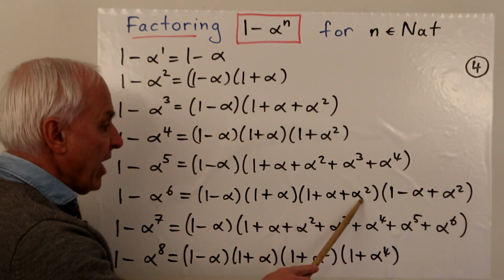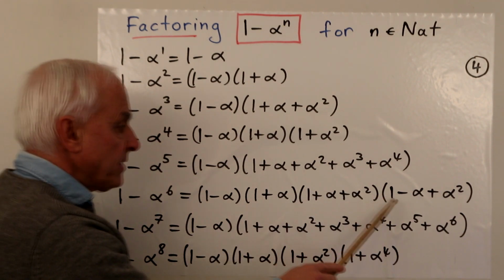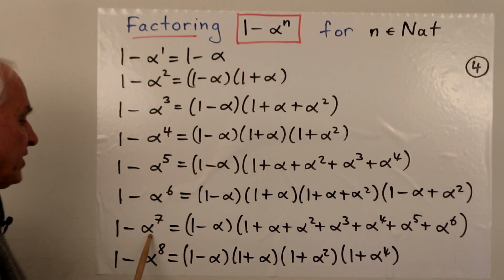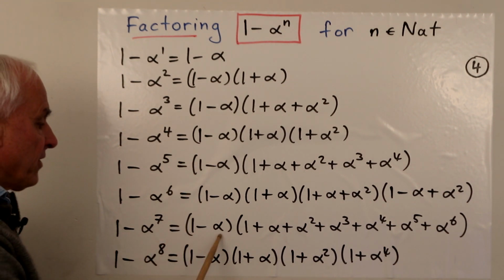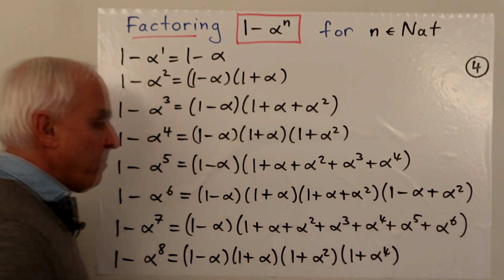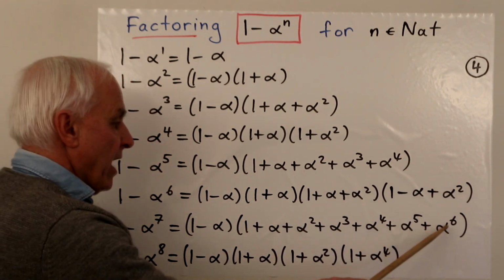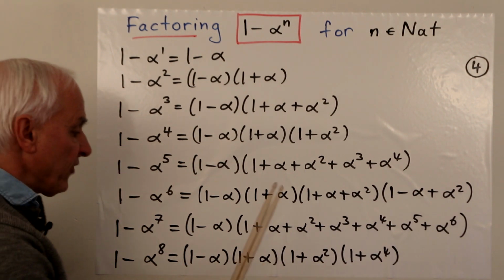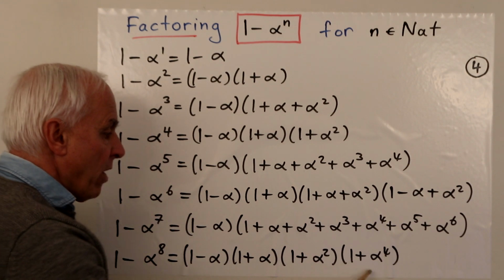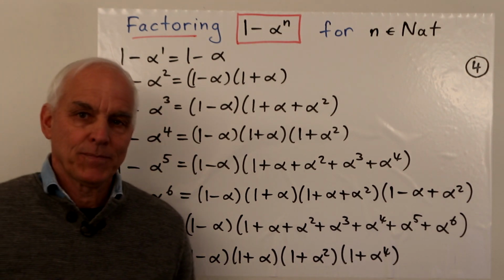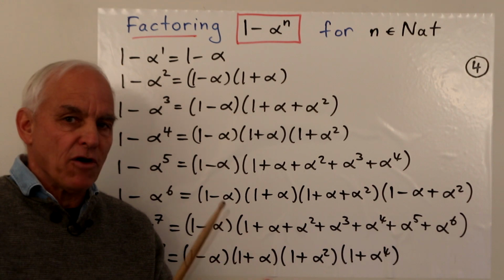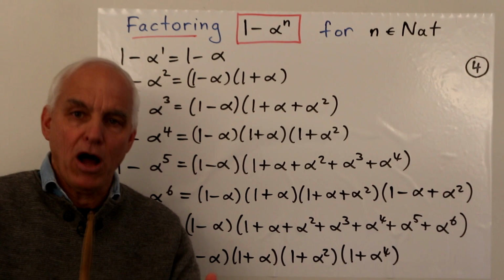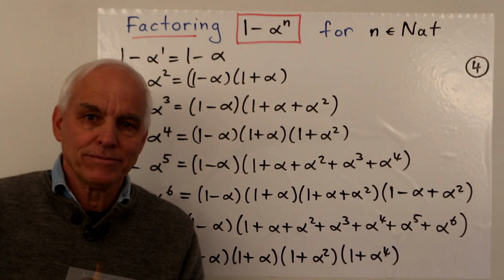Then we also have 1 plus alpha plus alpha squared, which happened here, and 1 minus alpha plus alpha squared. 1 minus alpha to the 7, we get something like we did for 5, the standard factor, and then the sum of all the powers from 1 up to alpha to the 6th. 1 minus alpha to the 8 is 1 minus alpha, 1 plus alpha, 1 plus alpha squared, 1 plus alpha to the 4th. So there's some kinds of patterns here, but it's certainly not obvious how to carry on in general.